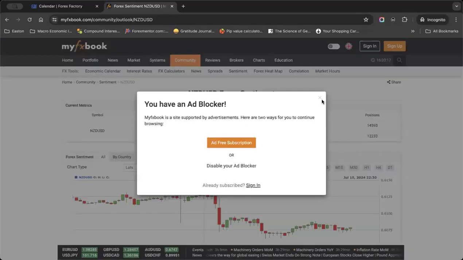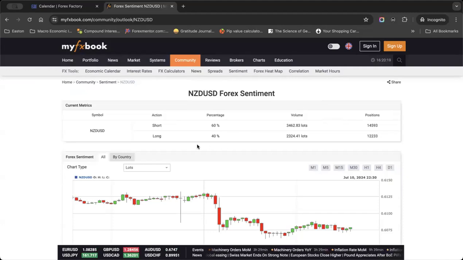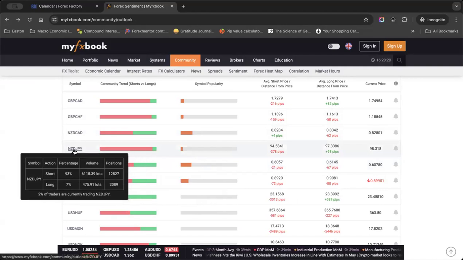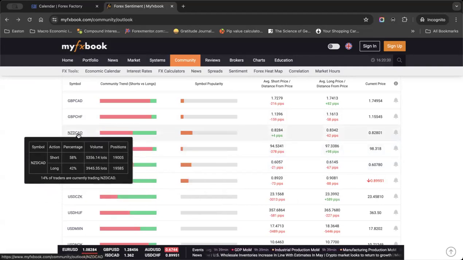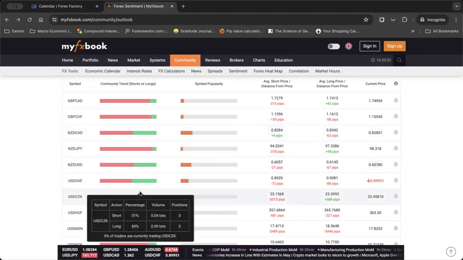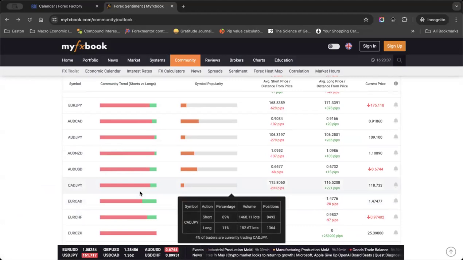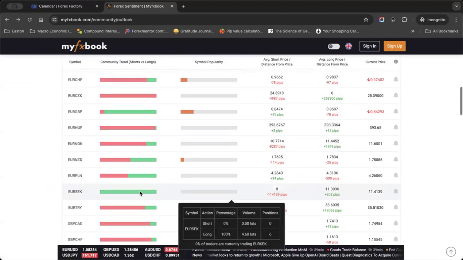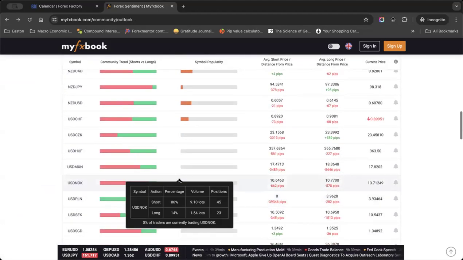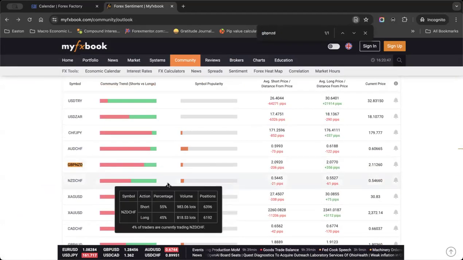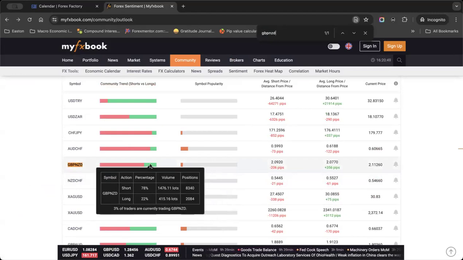So there's a few people who are actually buying New Zealand dollar as compared to the US dollar. Even New Zealand yen, very few people. Even New Zealand CAD. Let's see pound New Zealand, since pound and euro walk hand in hand. Yeah, very few people are buying pound New Zealand.